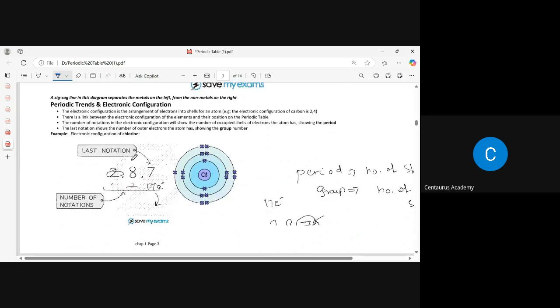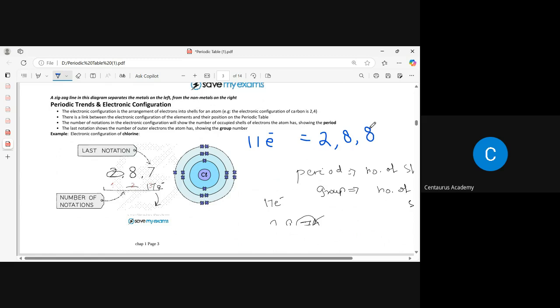There's one more thing, electronic configuration. For example, if I say that sodium has an atomic number of 11, this means that this is the number of electrons present in a sodium atom. So what will be the electronic configuration? The first shell has a maximum capacity to hold up to 2 electrons. The second shell can hold up to 8 electrons. And the next shell can hold up to 8 electrons.